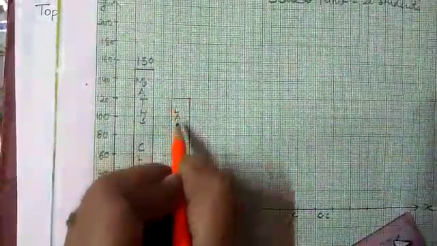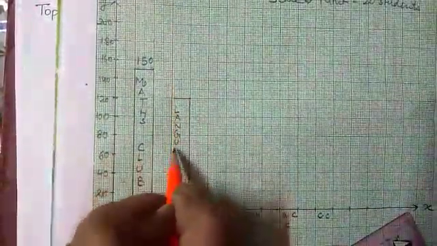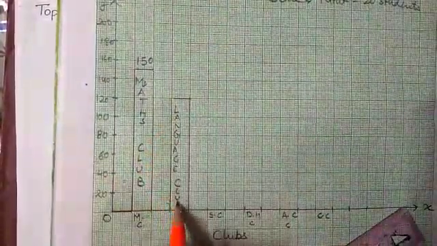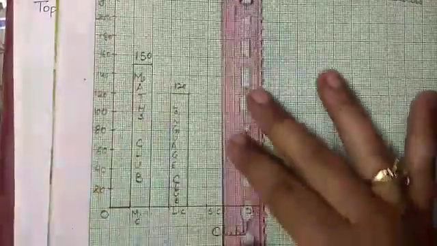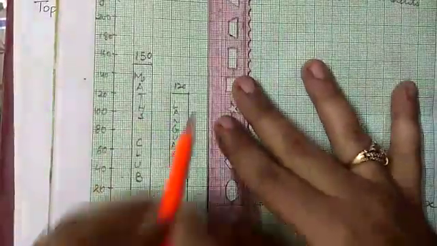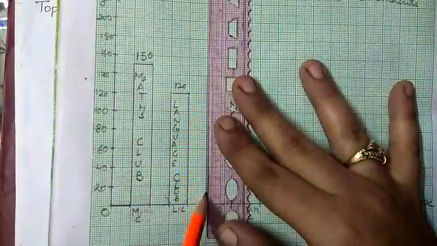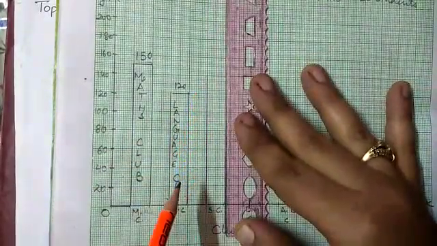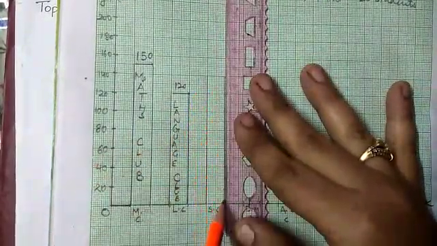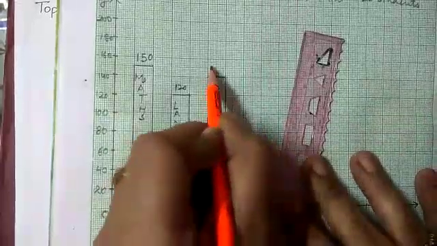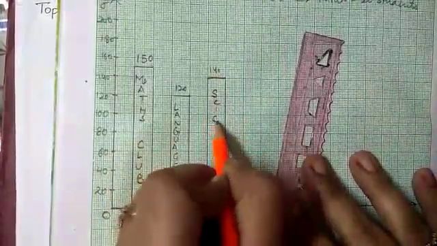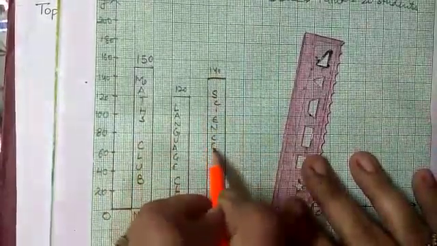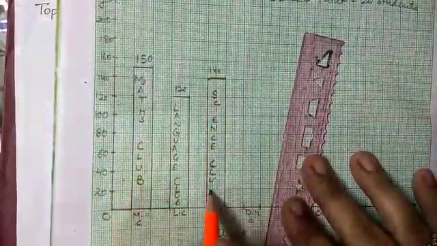Now language club. Fine. And right here 120. Next is 140. I hope you are able to understand what all I am doing. This is 140 and this is representing the Science Club.